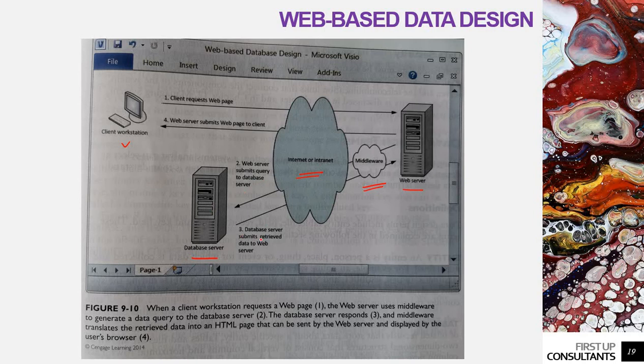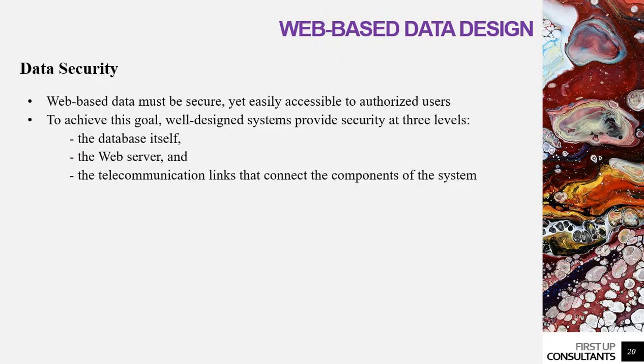The database server submits the retrieved data to the web server, and finally the web server submits the web page to the client. So the solution is the middleware in the middle between the database server and the web server.